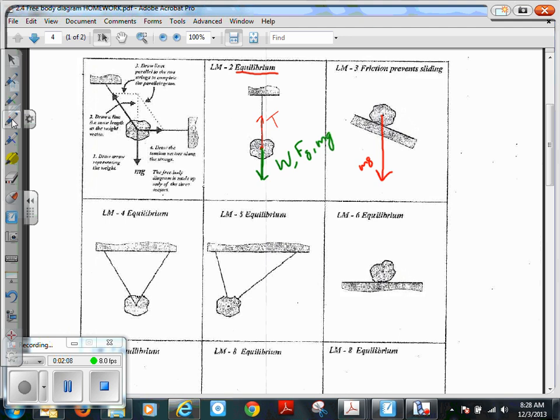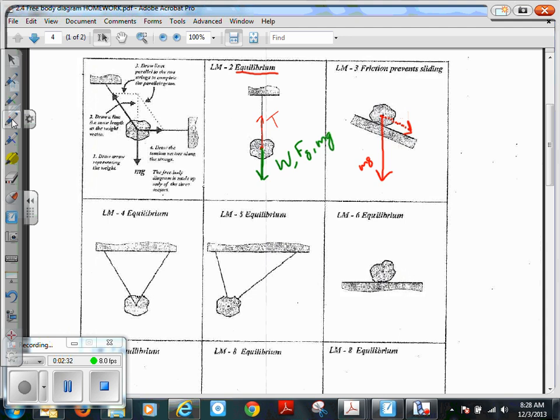This isn't a real force by definition, but this would be the part of gravity that we would use mathematically to figure out the force down the ramp, which is something you guys already did, remember? But in this case, it's very important because that's what friction has to fight against.